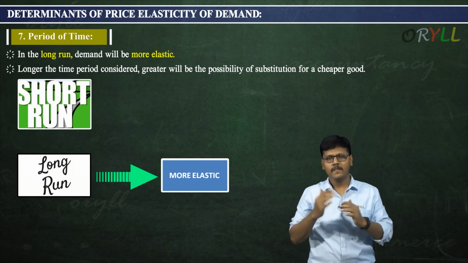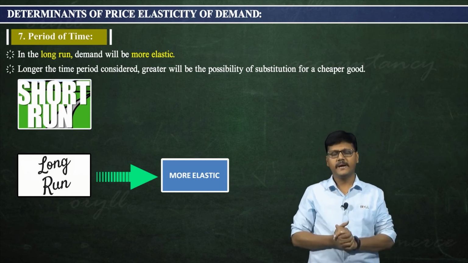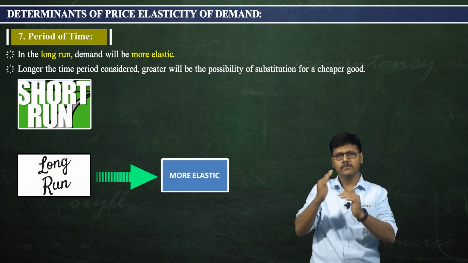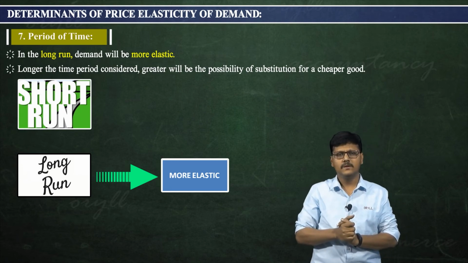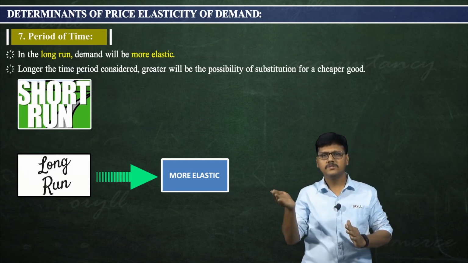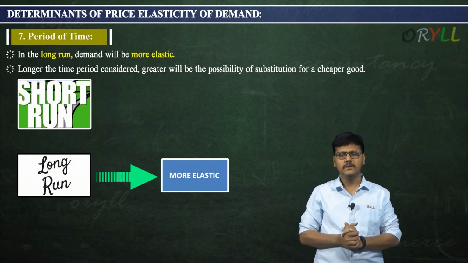For example, petrol price and the bike. When the petrol price increases from 80 to 100 rupees, in the long period what will we do? We will try to change to a vehicle which is more economical.